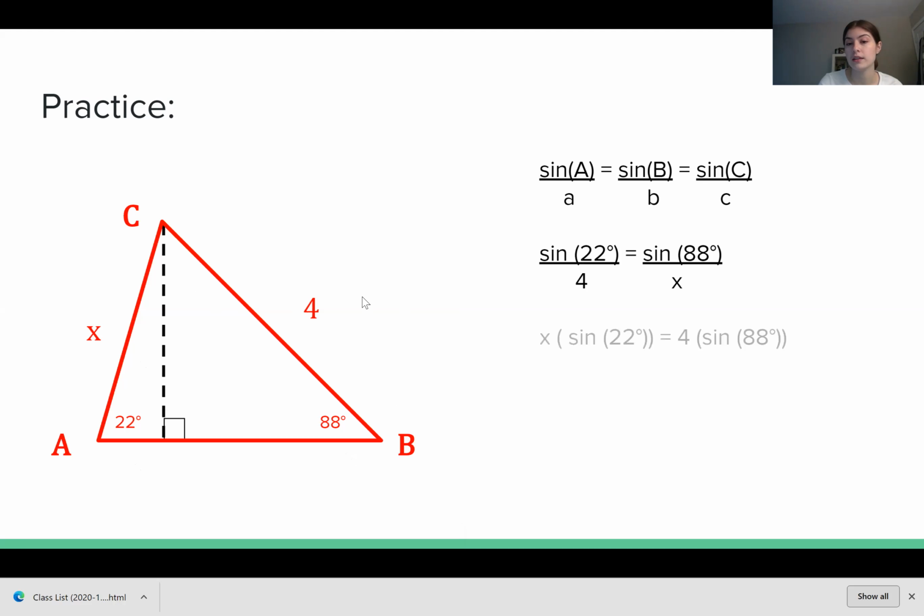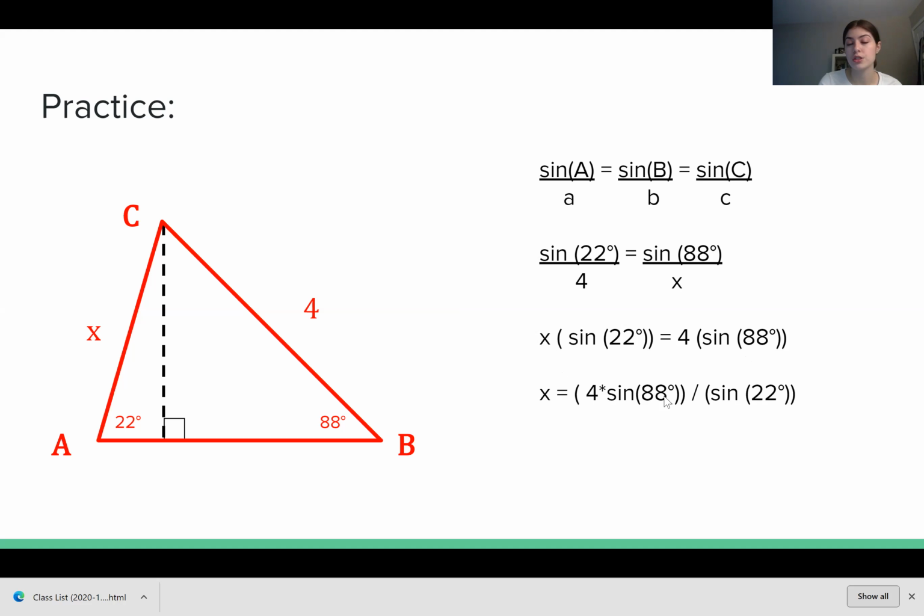So we'll cross multiply. x times the sine of 22 degrees is equal to 4 times the sine of 88 degrees. Then to get x by itself, we divide both sides by sine of 22. So x is equal to 4 sine of 88 degrees divided by sine of 22 degrees.